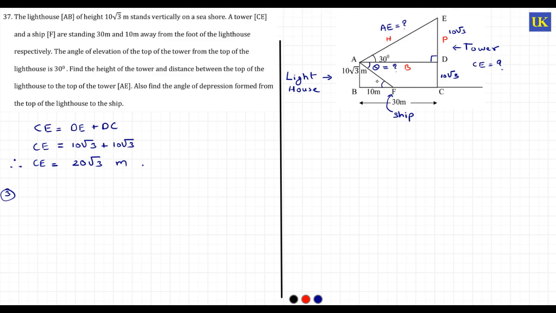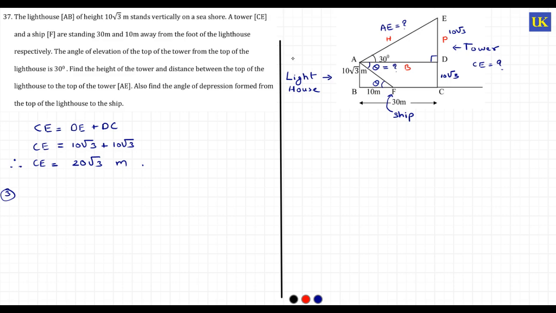So if this is theta, then this is also theta. These angles are called alternate interior angles. With the concept of alternate interior angles, we can say that both angles are the same if these two lines are parallel and this is acting like a transversal. So if this is, for example, 30 degrees, then this will also be 30. So we will find it out now.